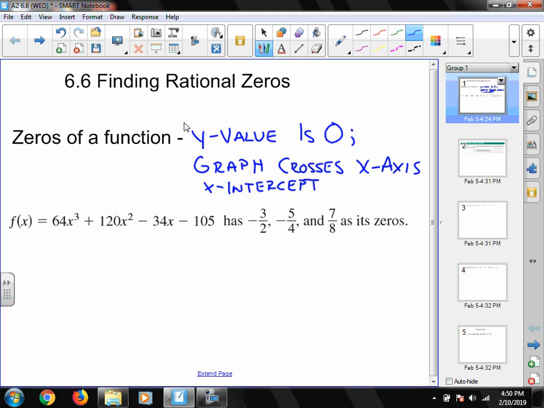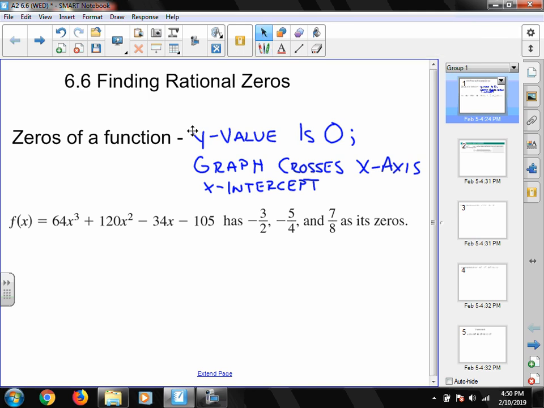Now, just to show you what things are going to look like, I'm going to give you some polynomial function, maybe 64x cubed plus 120x squared minus 34x minus 105. And I'm going to ask you, what are its zeros? Obviously here, I give you the zeros, -3/2, -5/4, and 7/8.